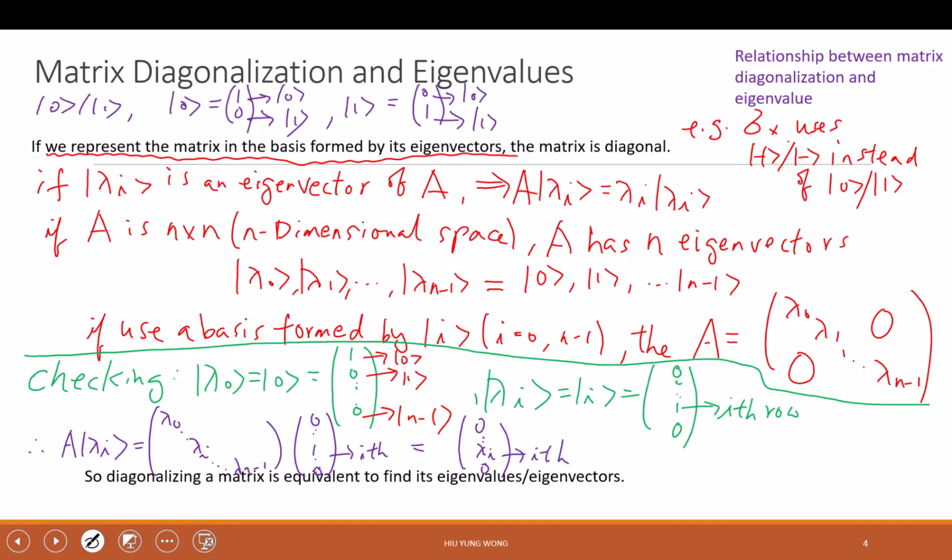Correct? And then I can factorize lambda I out. Then this becomes 0, 1, but of course, this is just equal to the basis vector I. So A times lambda I is equal to lambda I times, just to be complete, I should use lambda I instead of I, so you won't get confused.